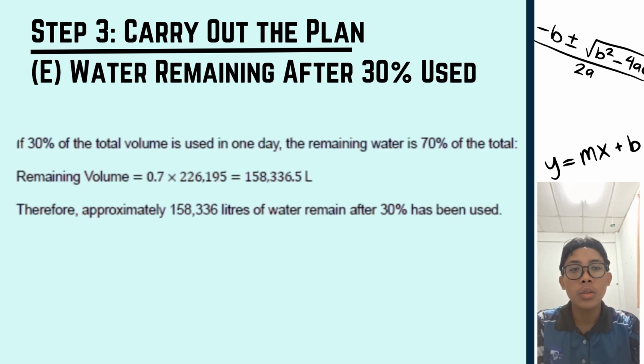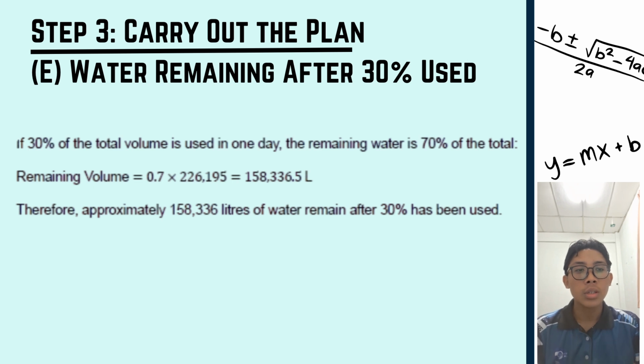Lastly, we need to calculate the water remaining after 30% of it has been used. If 30% of the total volume is used in one day, the remaining water will be 70% of the original total volume. The remaining volume will be 0.7 times 226,195 liters, and the answer will be 158,336.5 liters.